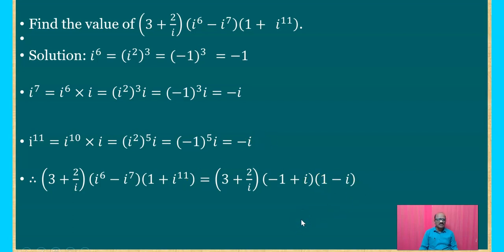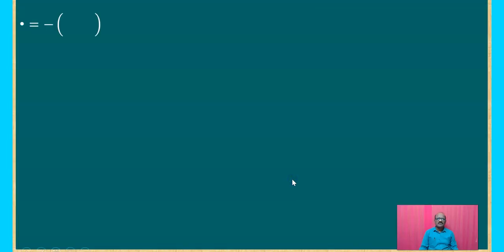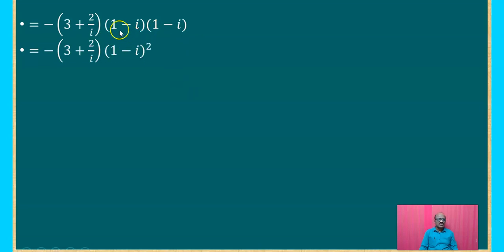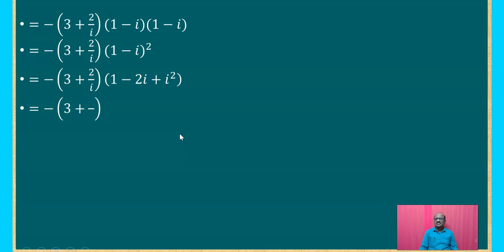Now simplify this again. That is minus 3 plus 2 upon i, 1 minus i into again 1 minus i. And here the bracket square, (1 minus i) square. Their simplification: 3 plus 2 upon i, (1 minus i) square. That is 1 minus 2i plus i square. i square is minus 1.